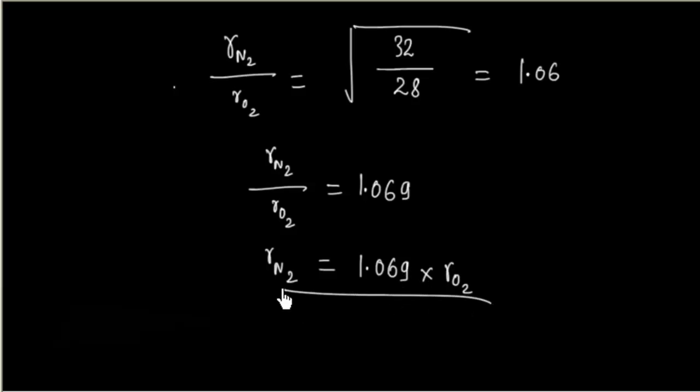So basically nitrogen is moving faster. Nitrogen is effusing faster than oxygen, and this is obvious because nitrogen has molecular weight 28 and oxygen is a heavier molecule.